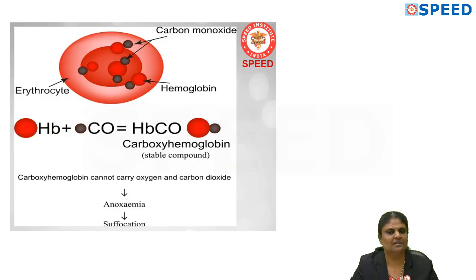Okay, so this is carbon monoxide and this is hemoglobin. Hemoglobin combines with carboxy, that is the CO group, to form carboxyhemoglobin. So this is a very stable compound, but in the question paper, it says less stable.